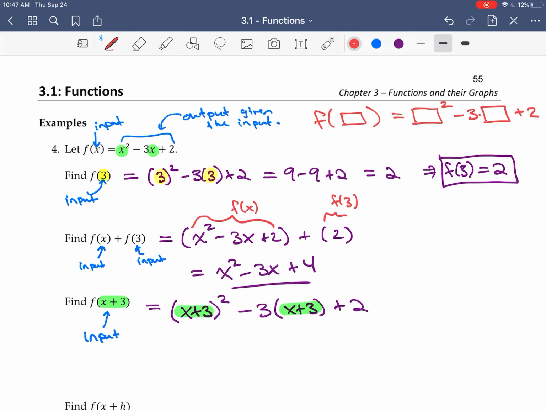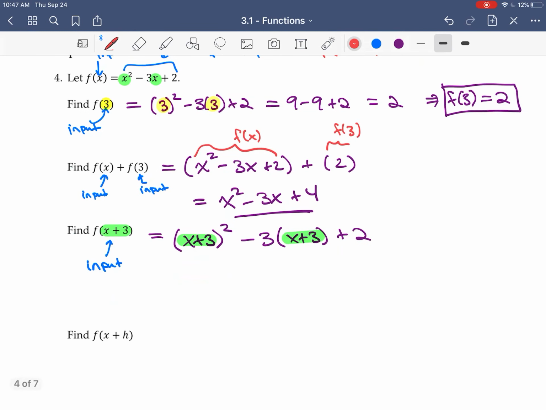So each time we change what's in our brackets of f, we're changing what goes in the something. So maybe it's like a happy face, then I would just put it into each of the boxes. So that's what we did down here. And now we just want to simplify.